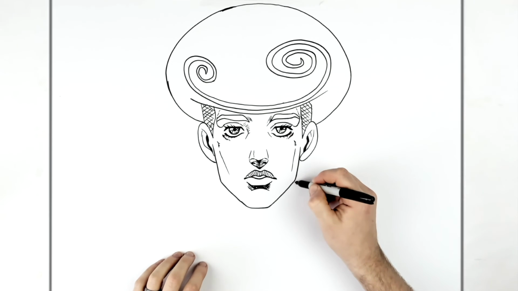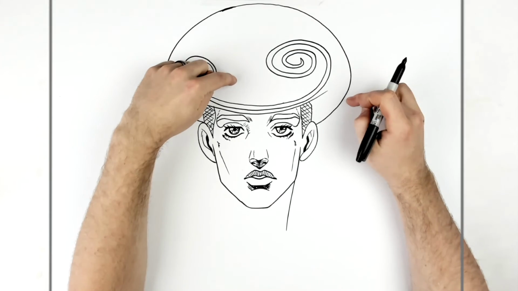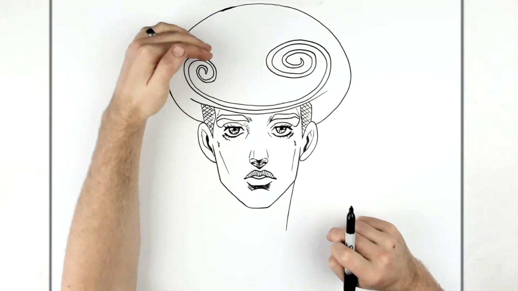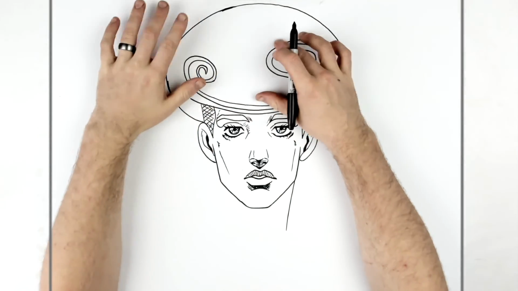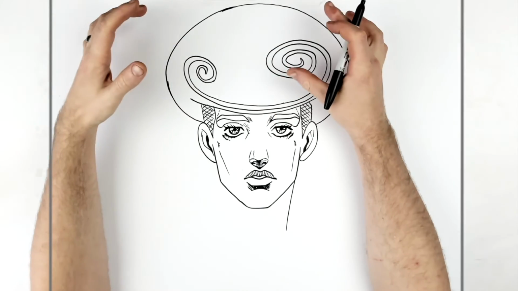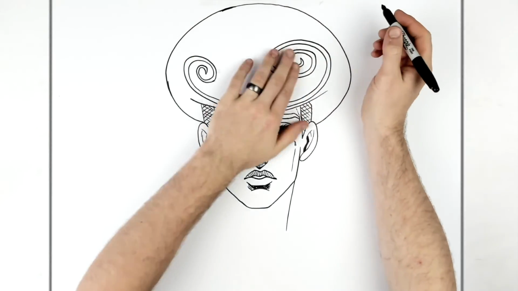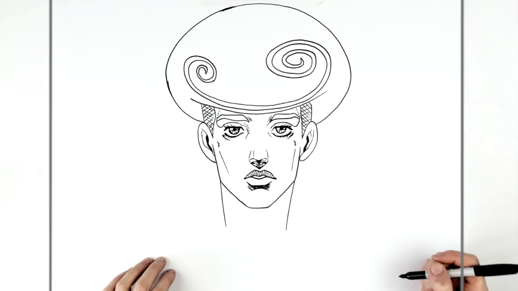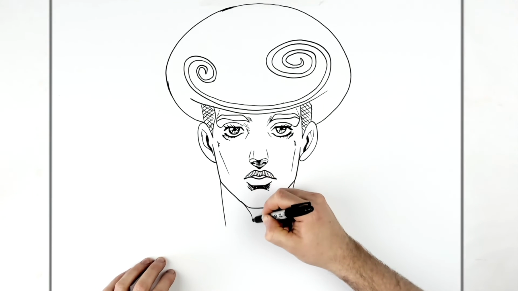So, neck. We go down like so. What I was saying about the hat, if you're doing it manga style, there's a shadow on this side and you do that with black ink. But if you're coloring, it's dark navy if you want an anime style, like a darker shadow, and I'll probably do it that way. So the line goes down this way. And then we've got a shadow underneath his chin.